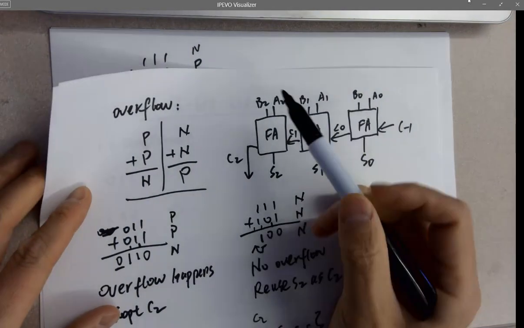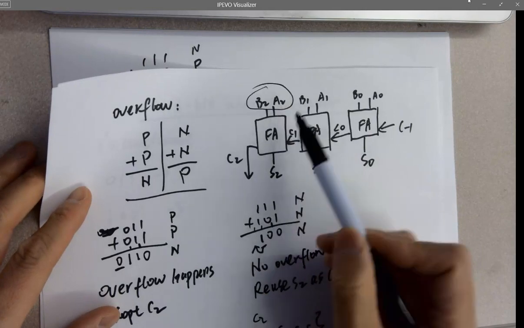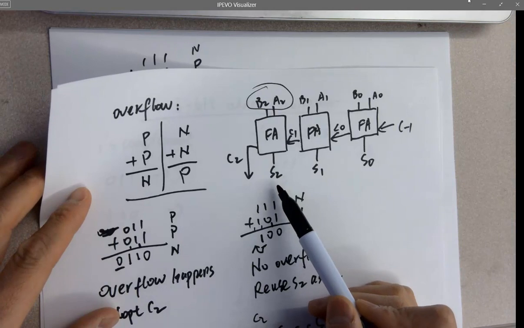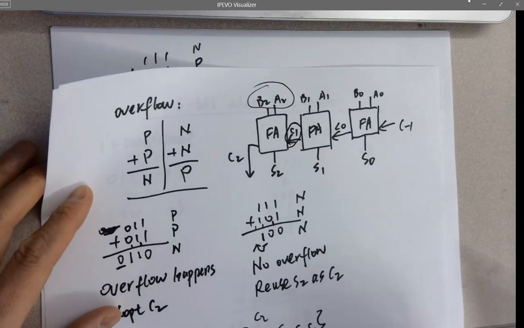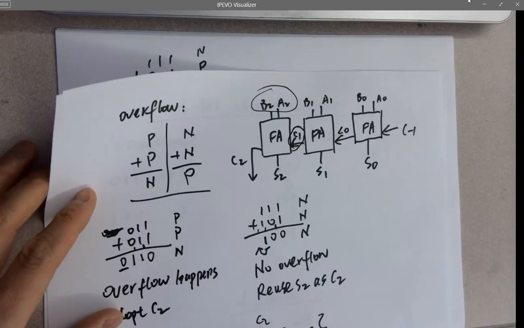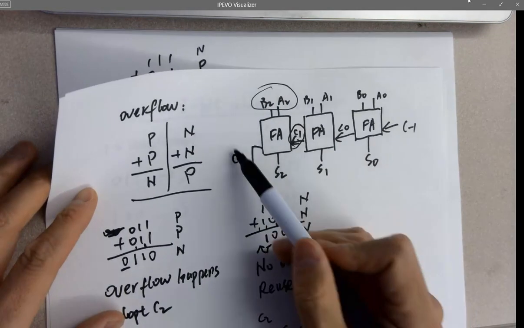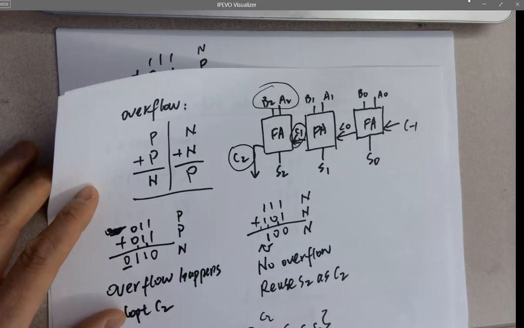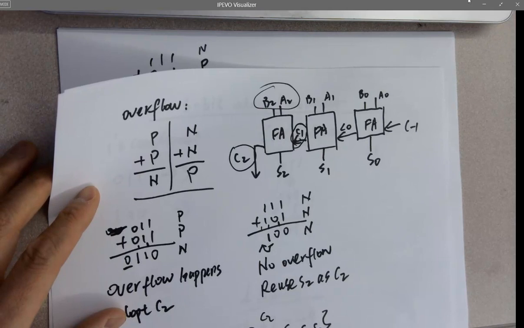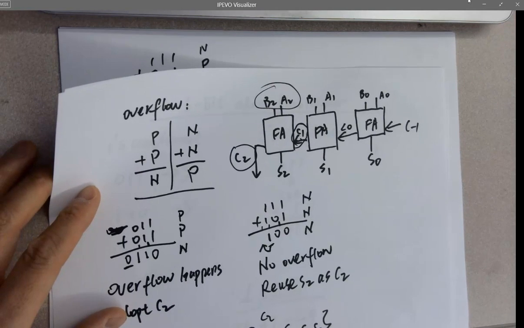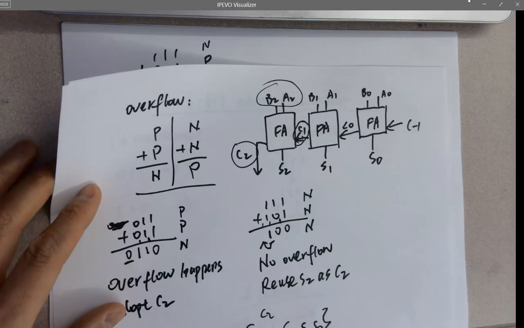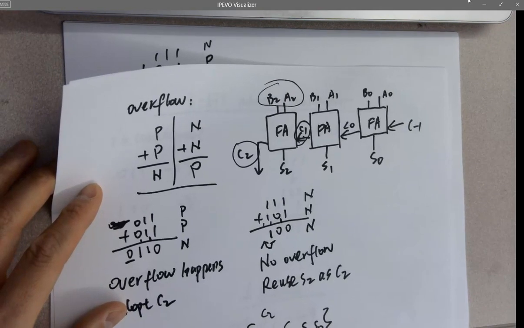I think these two are getting involved because these two numbers will determine what the S2 is. This one also determines it as well. So I think it's going to be the 4 bits here to determine if you are going to have overflow or not. So it's only 4 bits. Okay. If you put it in a truth table, there will be how many entries?